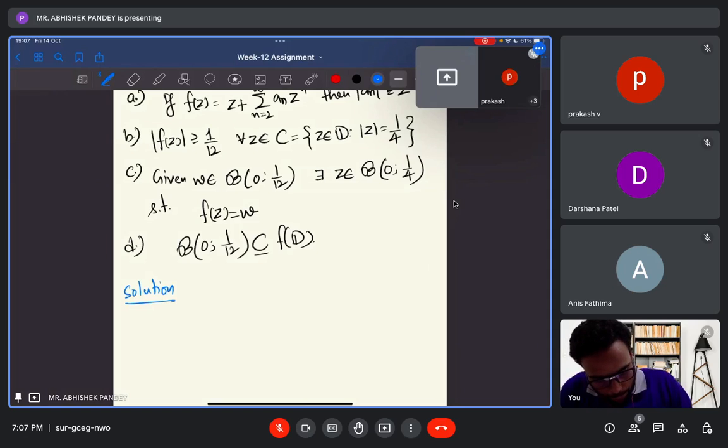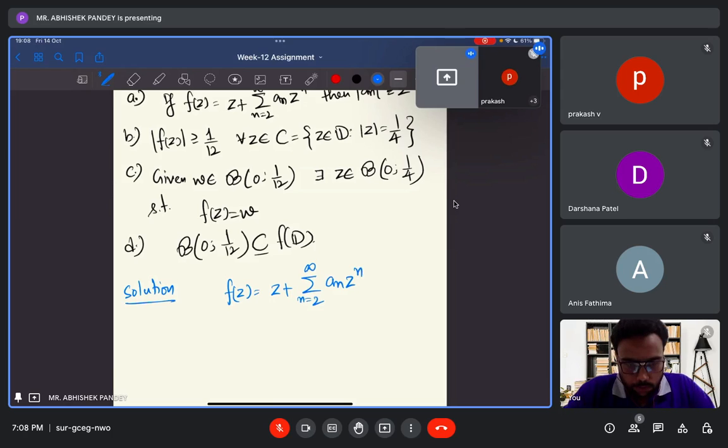So f has the expansion z plus summation n equals 2 to infinity a_n z to the power n. Basically f(0) is 0 here and f'(0) is 1, so it satisfies that.